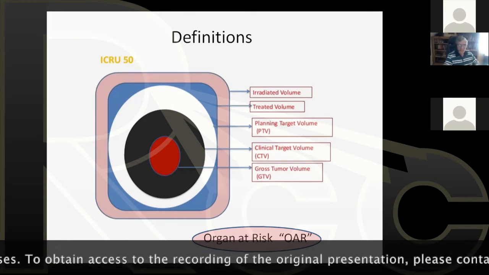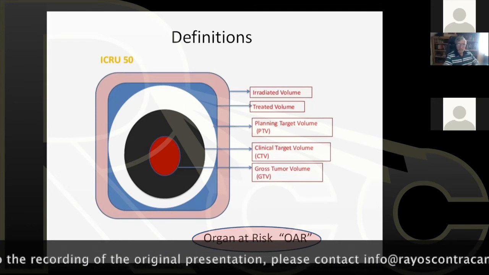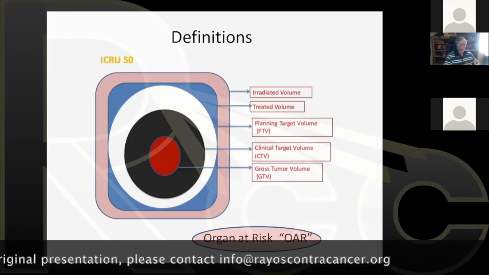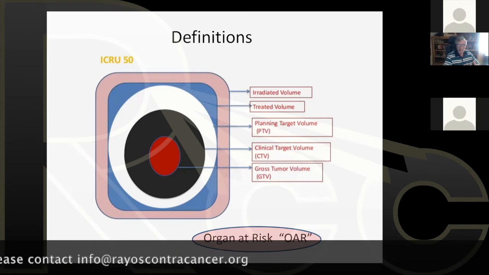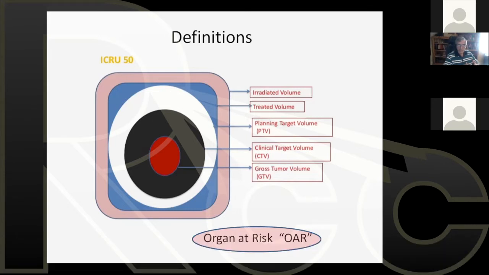The PTV can include the slight variation in calibration of the machine from day to day. The PTV includes internal motion of the tumor and the area that needs to be treated day to day. The PTV also takes into account any uncertainty in the setup reproducibility day to day.